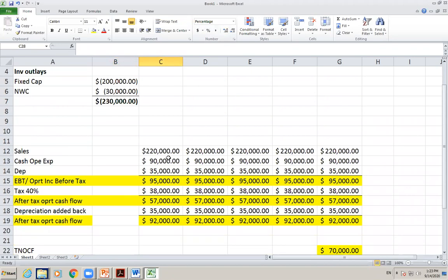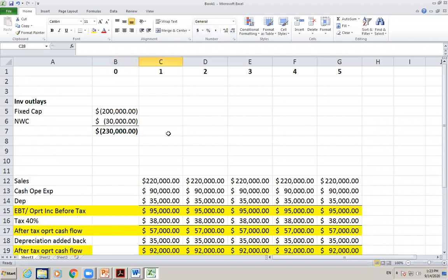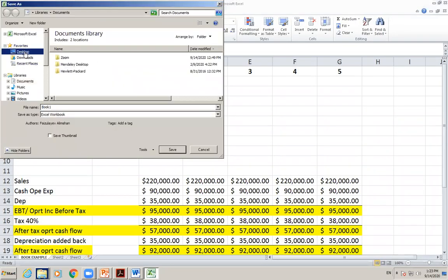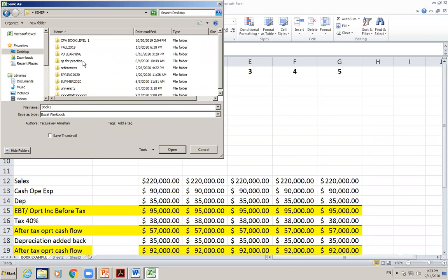So this is what we call the book example. And let me just save it for the purpose of uploading it.